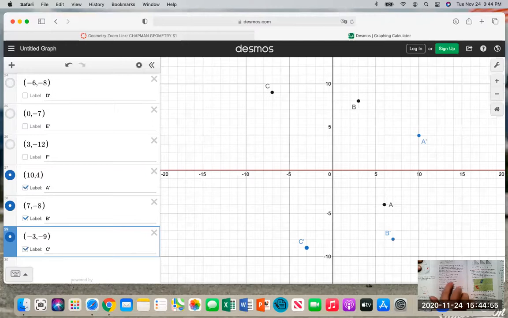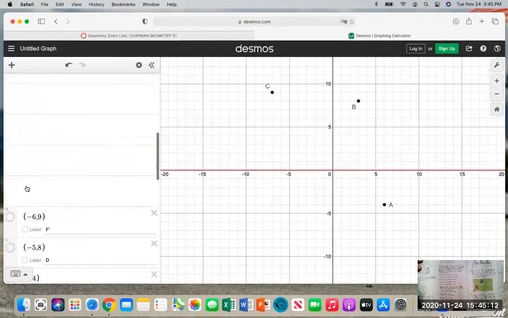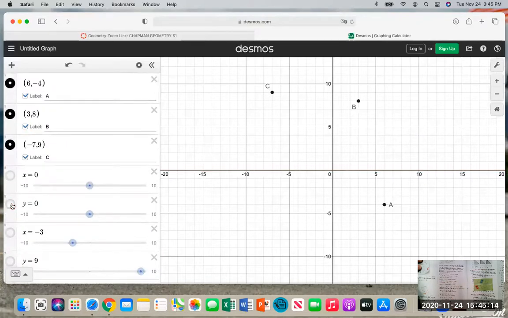Number 15, dealing with the same pre-image. They want you to translate 0 comma 8 and reflect across line P. Line P is x equals negative 3. So x equals negative 3, that's line P. And if you're reflecting across that line, all the stuff on the left, C is just going to flip to the other side.